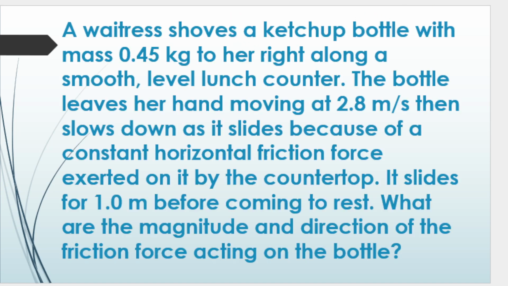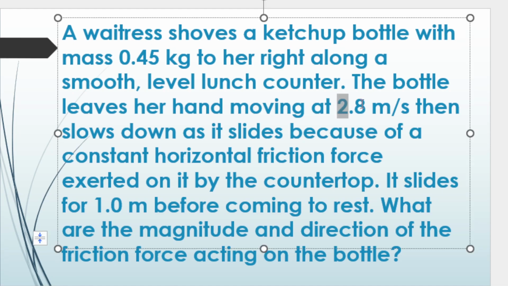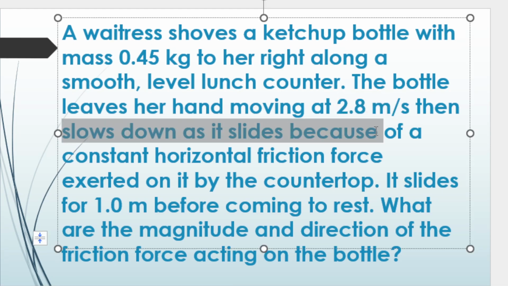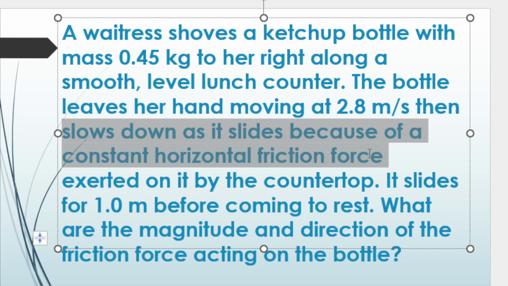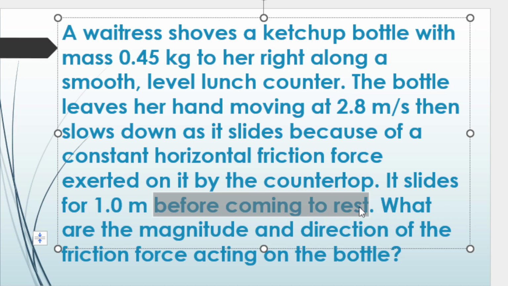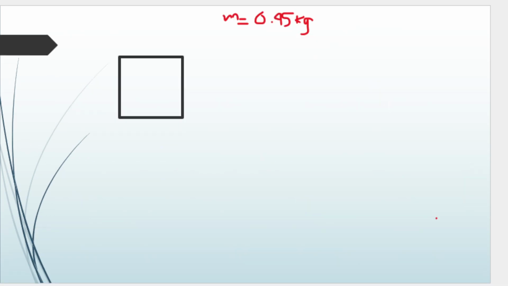The bottle leaves her hand moving at 2.8 meters per second, then slows down as it slides because of the constant horizontal force. Then it comes to rest. So it means initial velocity is 2.8, final velocity is 0.